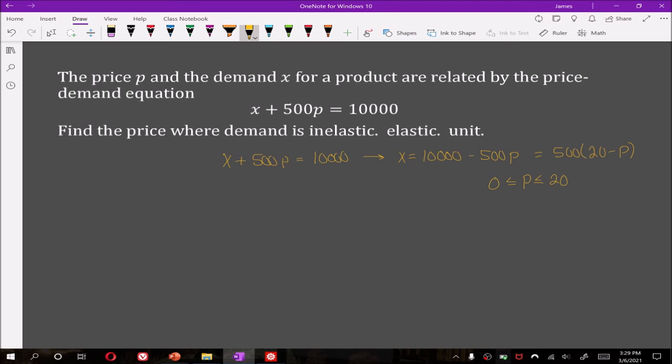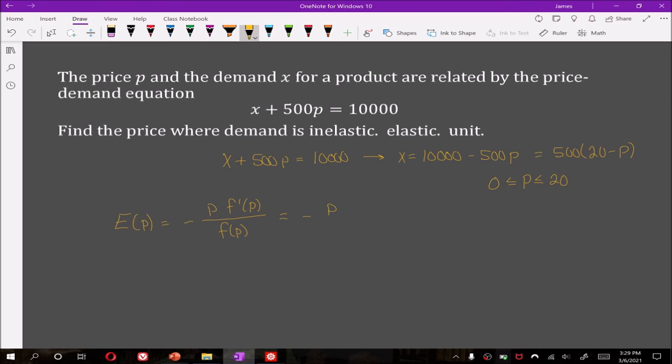For inelastic, we want 0 to be less than the elasticity of demand. I'm sorry, I'm skipping a step. We need to first find elasticity of demand. Now that, remember, is given by p times f prime of p all over f of p.